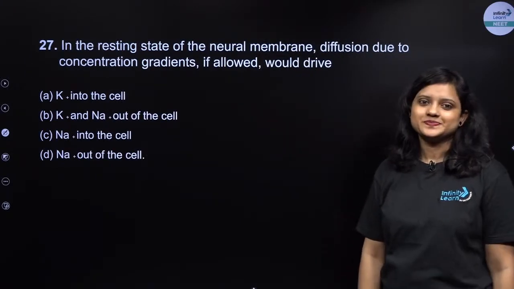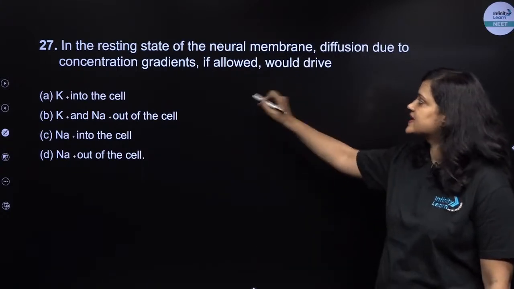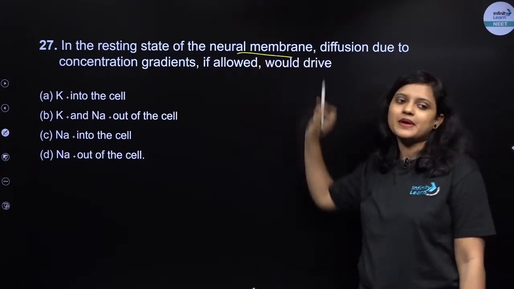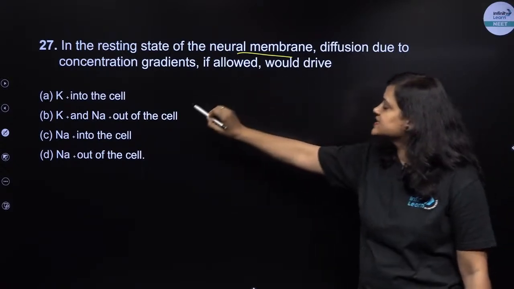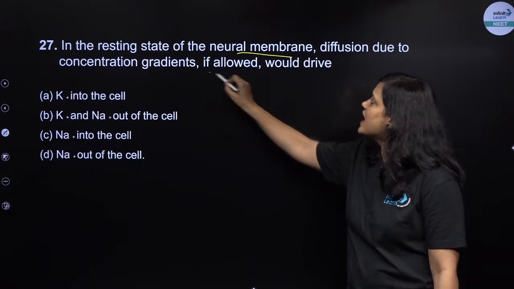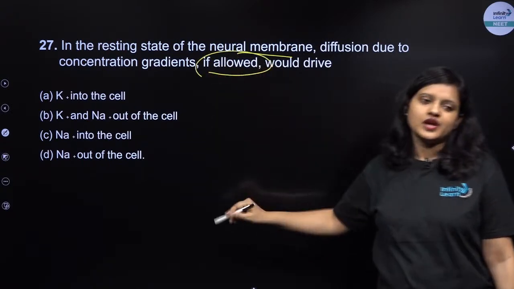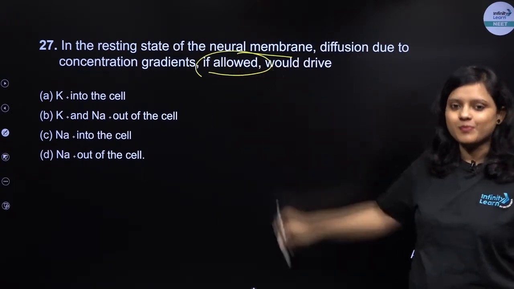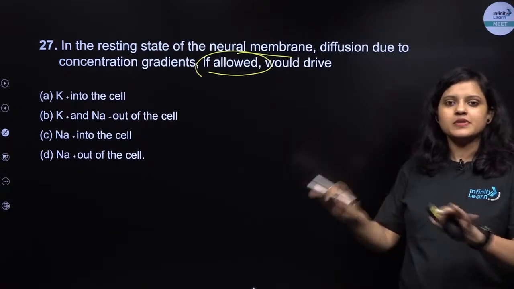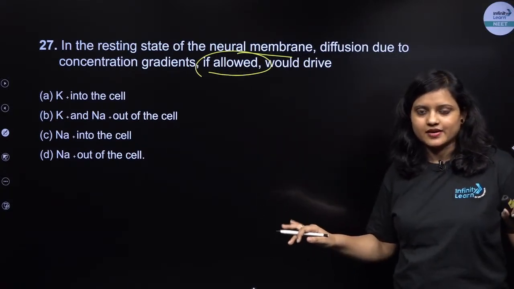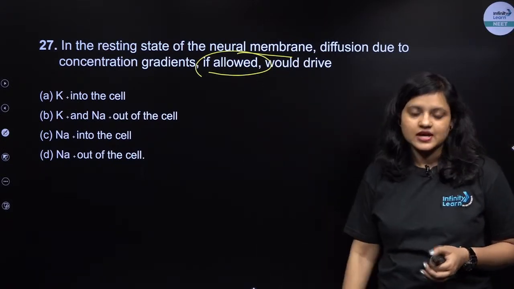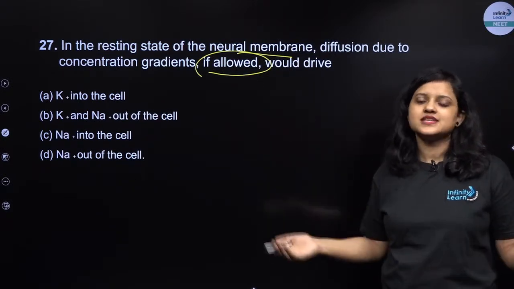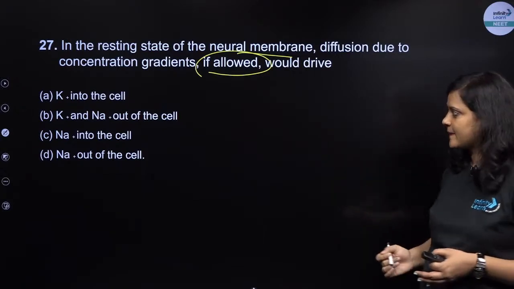Next question. In the resting stage of the neural membrane, diffusion due to concentration gradient, if allowed, would have. Now this "if allowed" is important. Normally it is not there, but if allowed, what will happen at the time of resting stage? In which direction will which ion go? Let's understand.